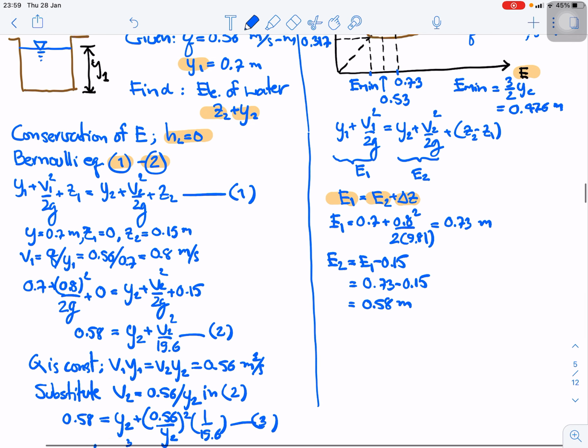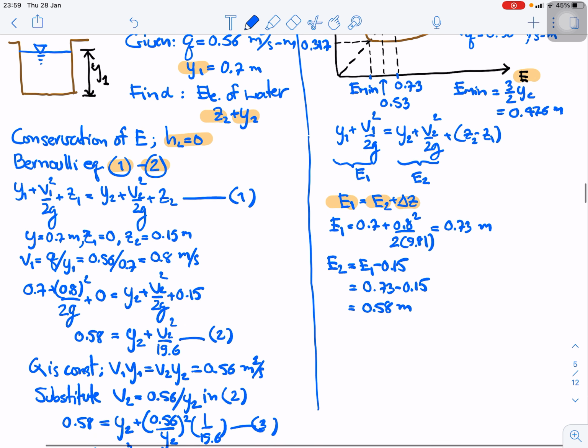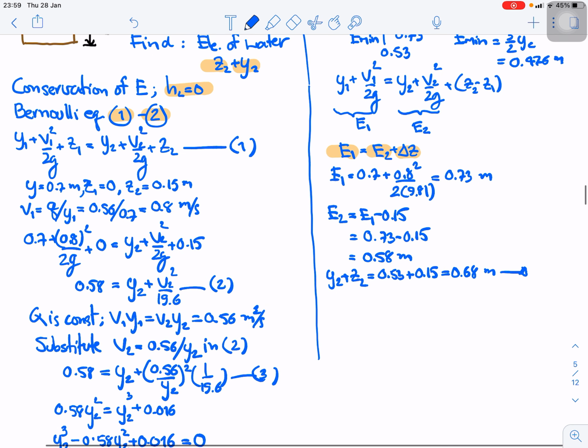Okay, and from this point we can read from this curve to find the depth. We can read the depth is about 0.53. Okay, read from the curve. So we can come up with the conclusion that y2 plus z2 is equal to 0.68 meter.